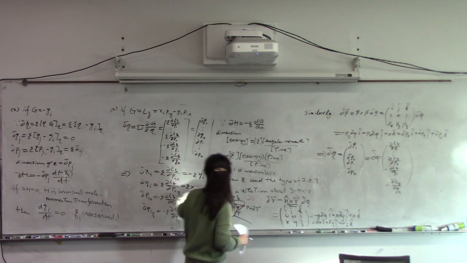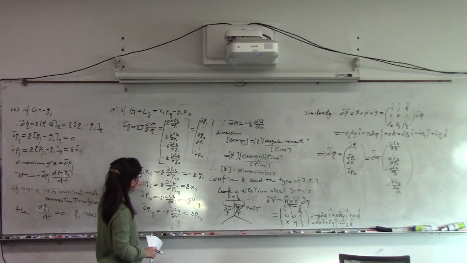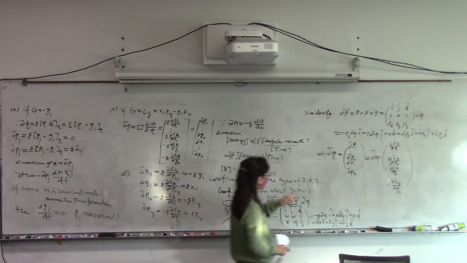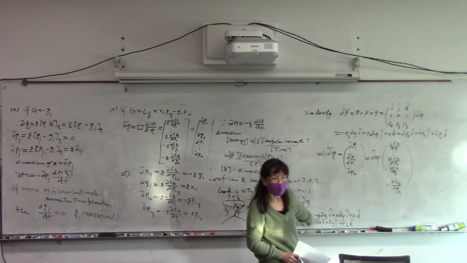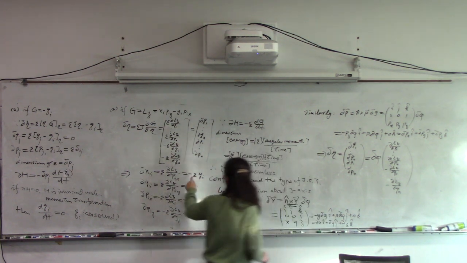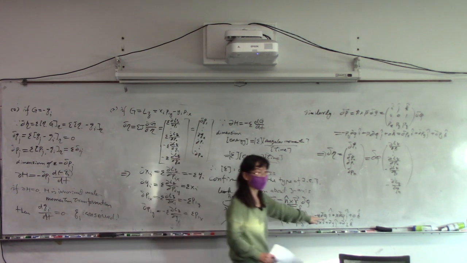Because you can see they are the same, right? Here x, y, so this is minus y, here minus y, and this x, this x. So the only difference is here we have epsilon, here it is delta phi.